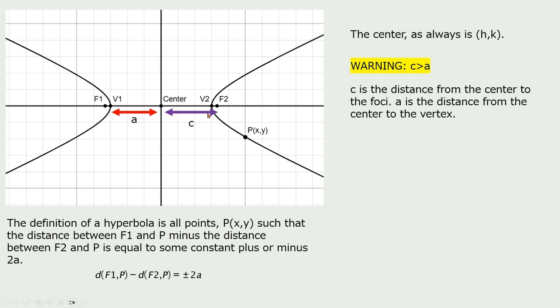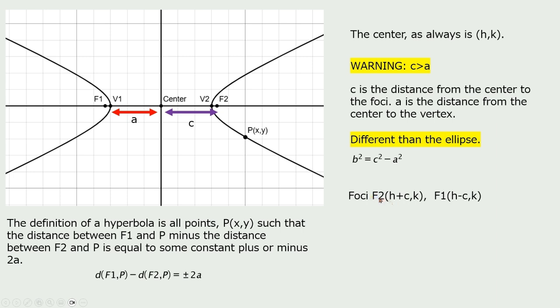So here's C, longer than A, because the focus is on the outside of the vertices, if that makes sense. Also different than the ellipse: the ellipse was b squared equals a squared minus c squared, but the hyperbola is b squared equals c squared minus a squared. So write that down on your paper in your notes.